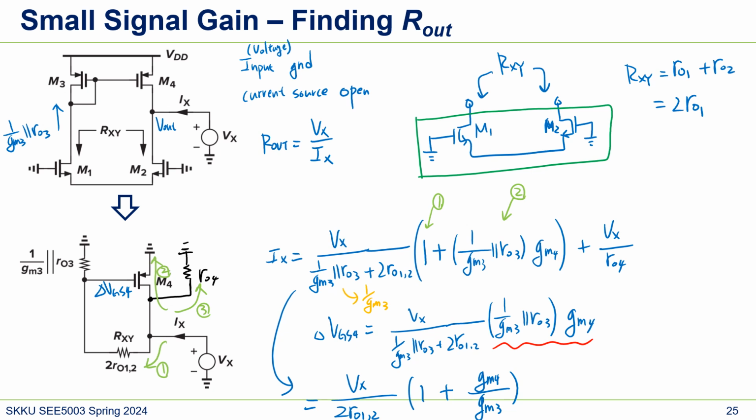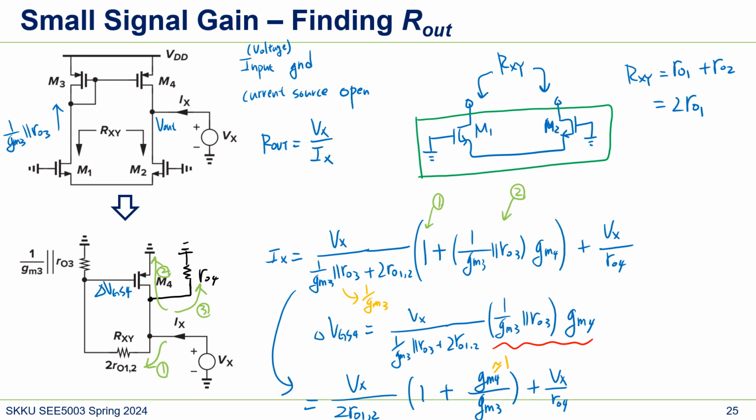And we can still have this term, which is Vx RO4. But here we say GM4 and GM3 are similar, so we can just say this is 1.